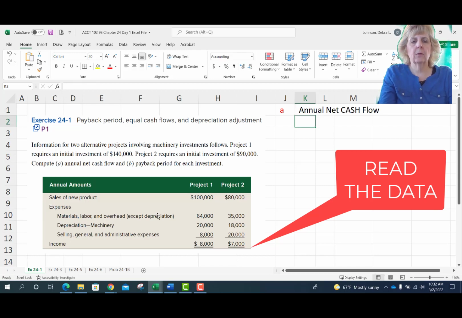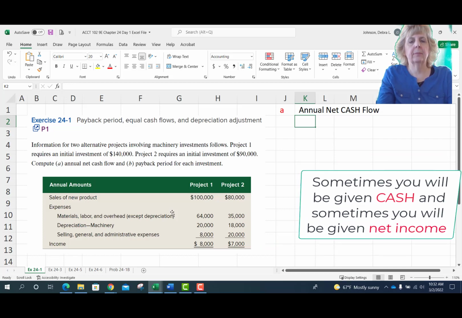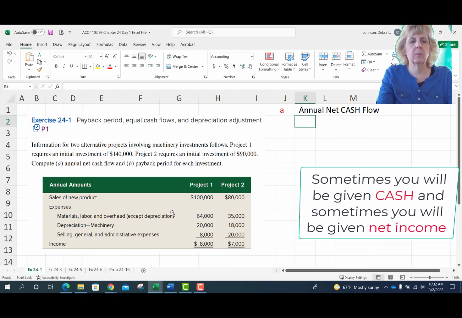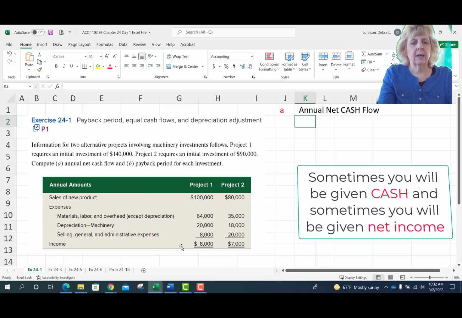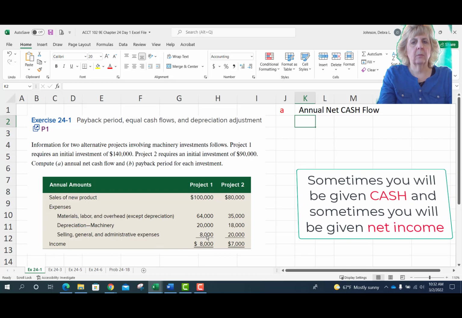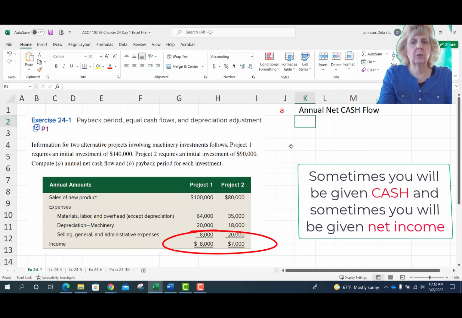Okay, be very careful as you take a look at how the author presents the information. Sometimes he'll give you cash and sometimes he'll give you net income, and they are two very different numbers. So looking at the box here, it looks like he is giving us net income and we need cash. So you could look at this one of two ways.